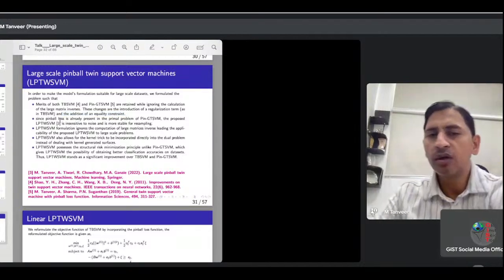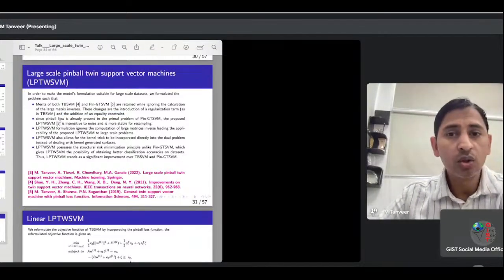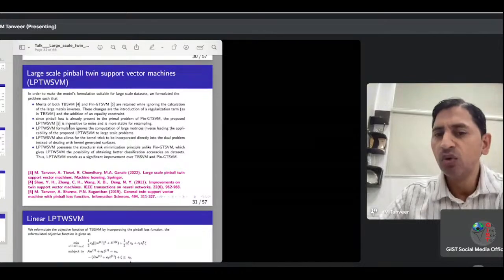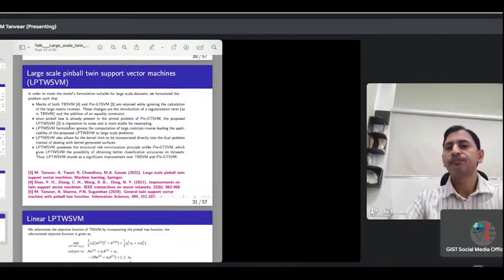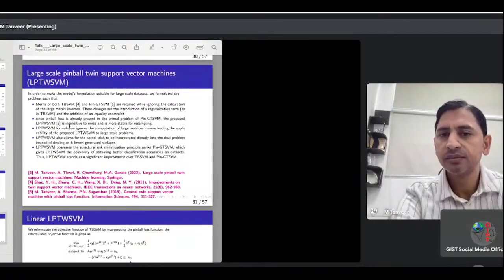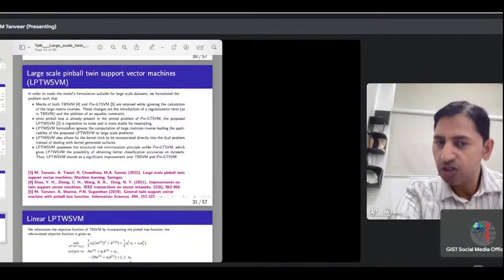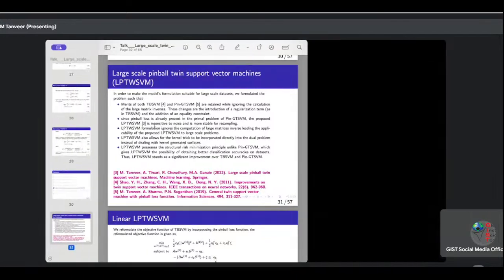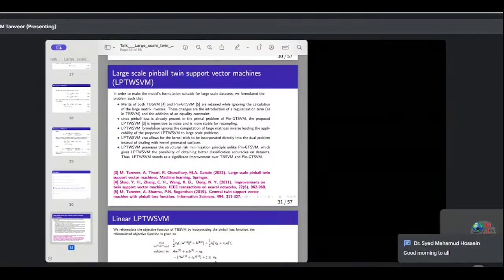Since we are using the concept of pinball loss, our proposed idea is less sensitive to noise and more stable for resampling. In this problem also, we are handling the formulation in such a way that we avoid the invertibility issues, so it is applicable to larger scale data.